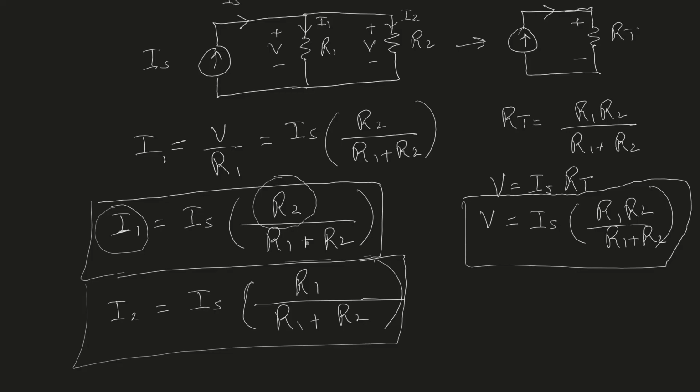Now, if R2 is much, much larger than R1, then the sum will be almost equal to R2 only, because R1 will become insignificant. In that case, we will have R2 divided by R2, which will cancel out and give me 1. And that one, when multiplied with IS, will tell me that all of the source current will actually flow through branch 1, which should make sense. So that is CDR.